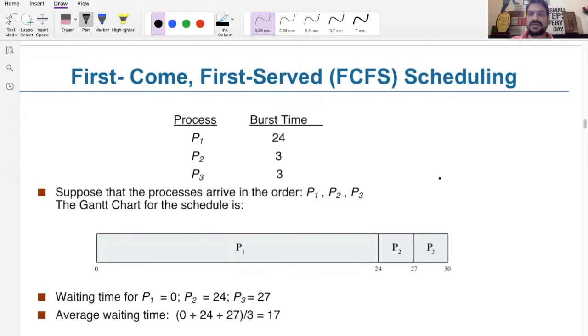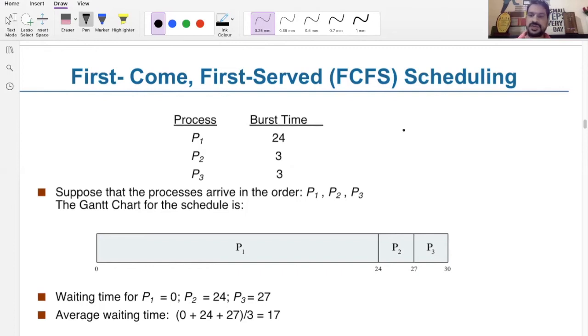Now let's come to the first scheduling algorithm, which is called the first come first serve scheduling algorithm. This is the first category of CPU scheduling algorithm. What do we mean by first come, first serve? The process that comes first, we have to serve first, and the process that comes after that, we serve after.